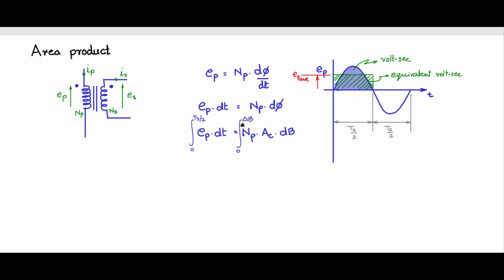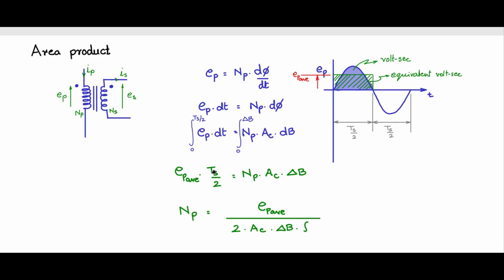So let us say some delta B, which is a variable quantity. So in Ts by 2, in half a period, there is a change in the flux from 0 to delta B. Now on integration, you will see that this is a square: EP average into Ts by 2 equals NP into AC into delta B. So now rearranging, you will get NP is nothing but EP average, half cycle average, remember that, divided by 2, AC, core cross section area, delta B, and Ts in the numerator will be written as Fs in the denominator.